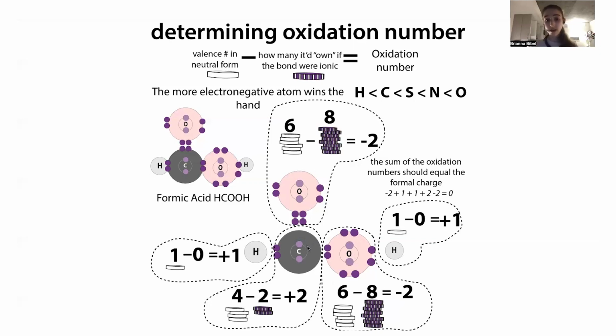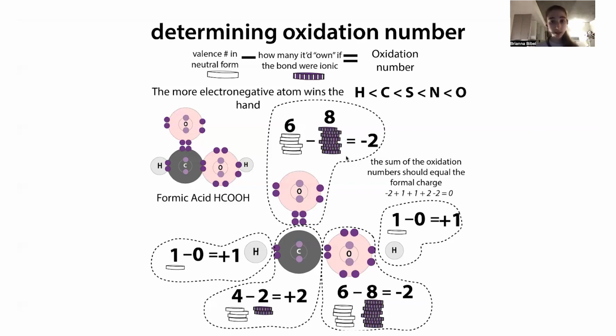Okay, and this carbon, it's going to get to keep this one from hydrogen, but it's going to get this one stolen from the oxygen. So it has that 2 that it was sharing with the hydrogen, but then it's losing the ones that it's sharing with the oxygen. So you end up with an oxidation number of +2.